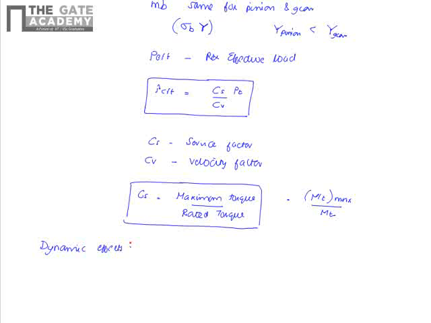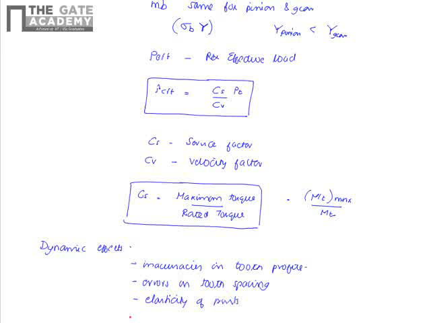And what are these dynamic effects? They are induced due to inaccuracies in the tooth profile, or errors in tooth spacing, or elasticity of the parts, or inertia of the rotating masses.